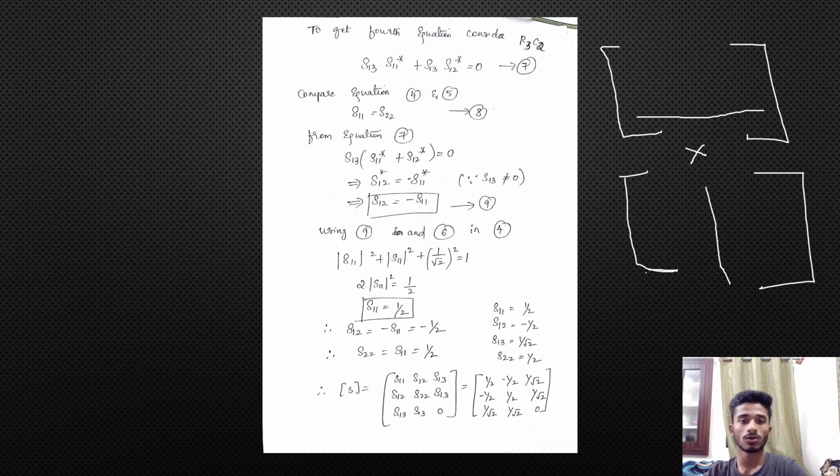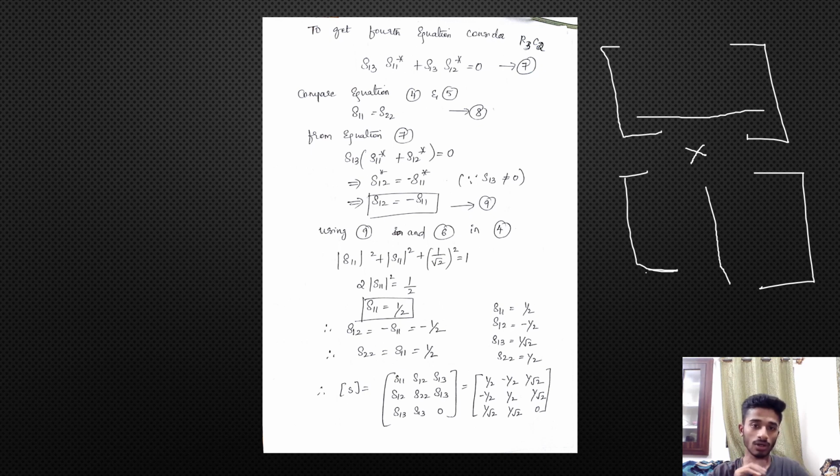So what we get is S13 into S11 asterisk plus S13 into S12 asterisk equal to 0. Compare equation 4 and 5. When we compare equation 4 and 5, what we get is S11 equals S22.